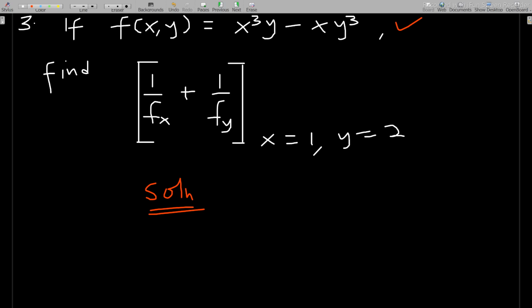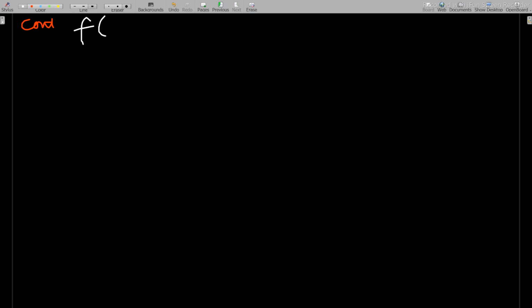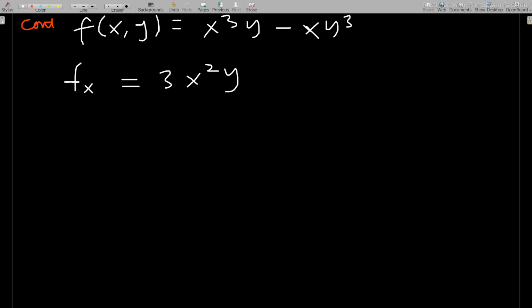What you have to do is simplify fx and fy. Let me go to the next page and do it there. f of xy is given as x cubed y minus x y cubed. Simply, fx is, by now I know you know how to differentiate partially, 3x squared y minus y cubed, and my fy will be equal to x cubed minus 3xy squared, right?